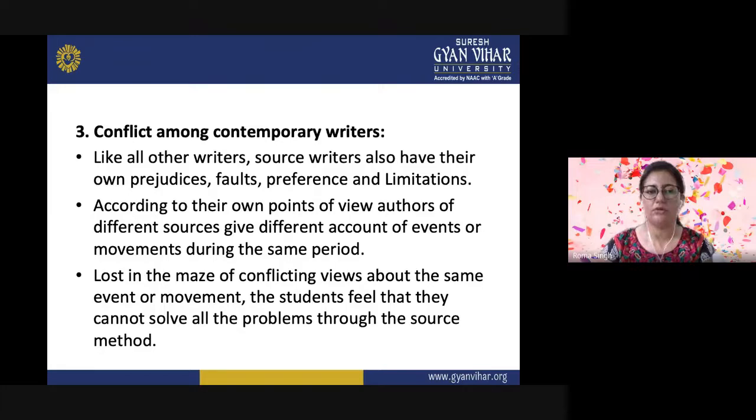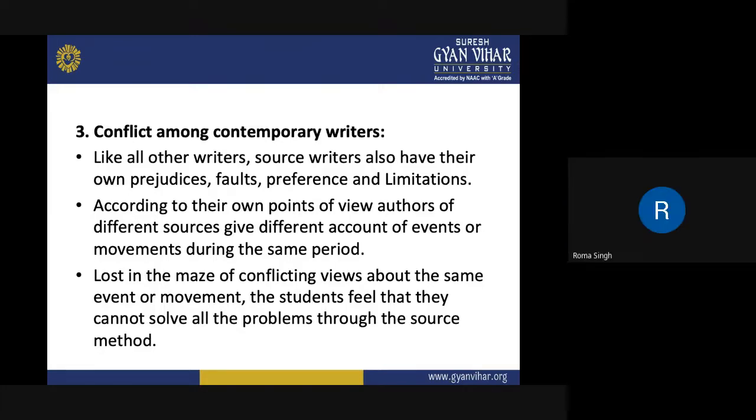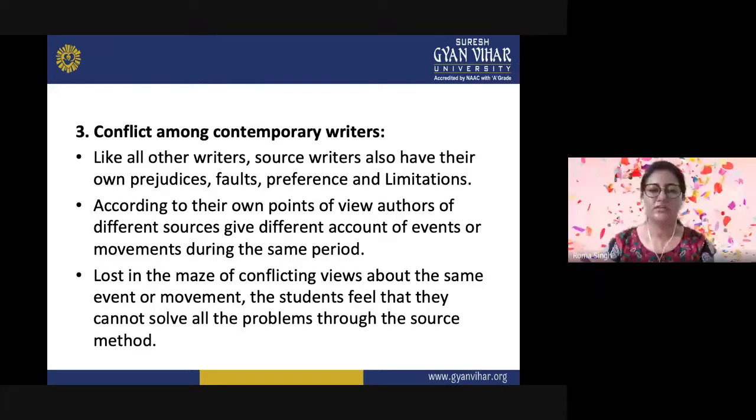Sometimes, lost in the maze of conflicting views about the same event or movement, the students feel that they cannot solve all the problems through the source method. So sometimes they will also get confused about what to believe and what not to. So this all depends on the area in which the students need to identify how we can judge that whatever has been written in front of us, or what we are going to find out, is correct.